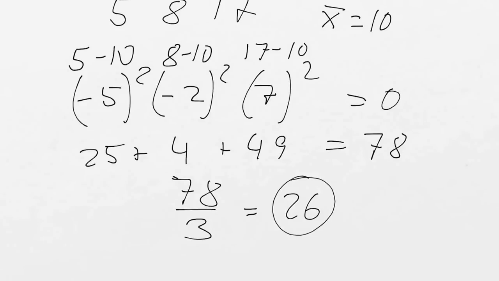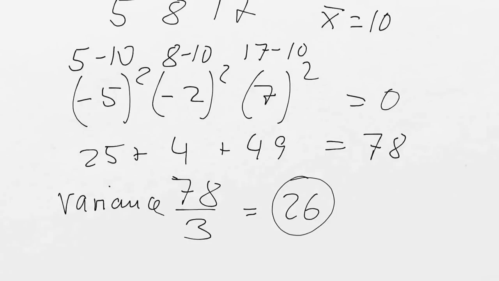This is what is called the variance of the data. The variance is the sum of the squares divided by the number of data points that you have. So that's the variance of our data points.